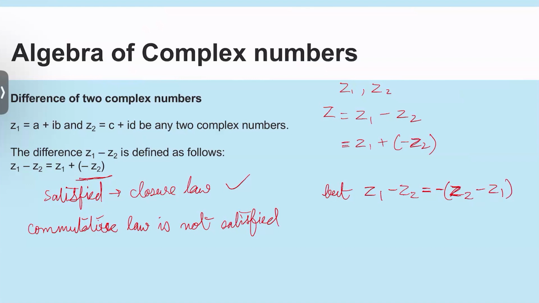This is what we get in place of the commutative law instead. And the next one, the associative law, is not at all satisfied.